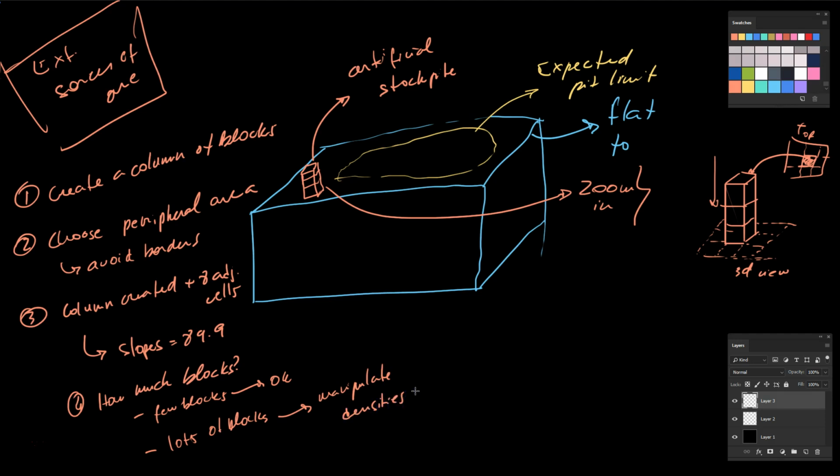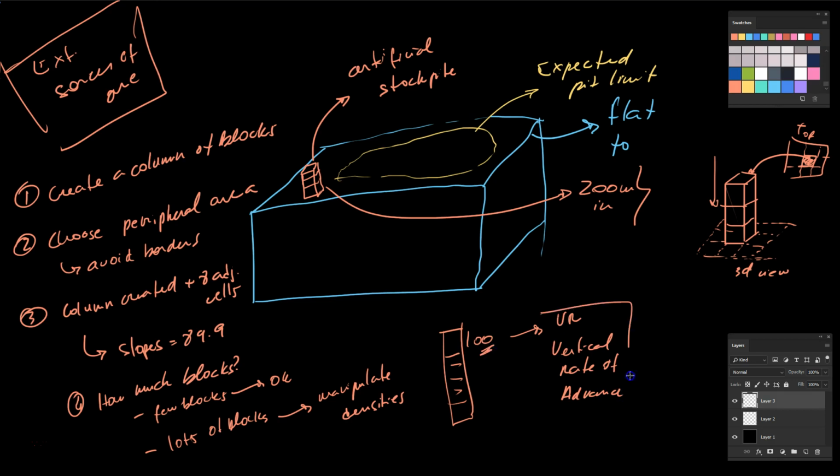Okay, and why that? Because if you create, let's say, 100 blocks vertically, these will affect the vertical rate of advance.